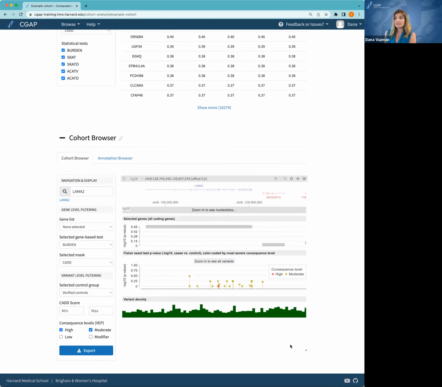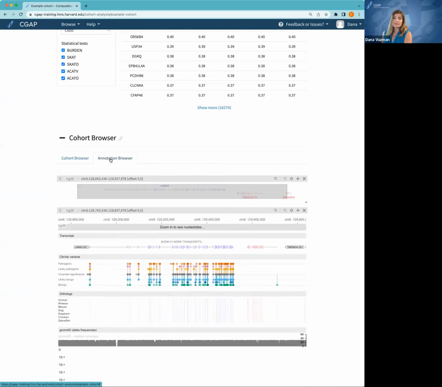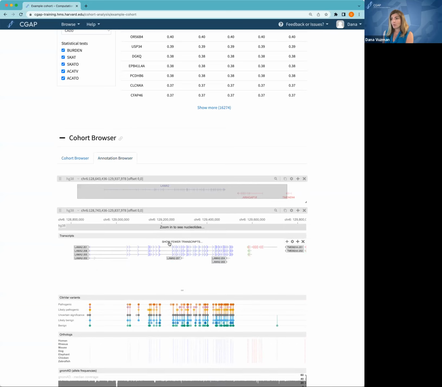However, we can look at the information about the gene, and by looking at this gene and transitioning to the Annotation Browser, we can look at the different annotations for this gene from our annotation database. And specifically, we are looking here at 3 genes, and we can look at all of the transcripts that are included.